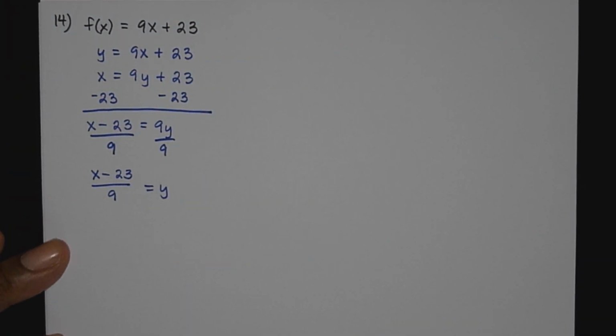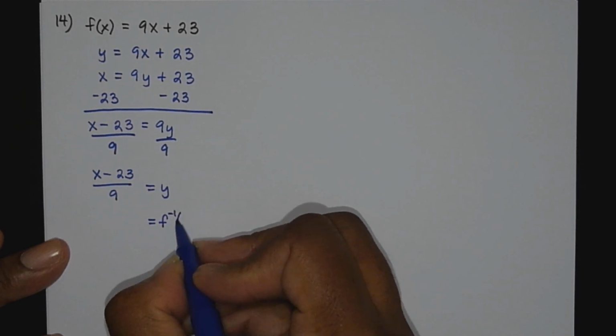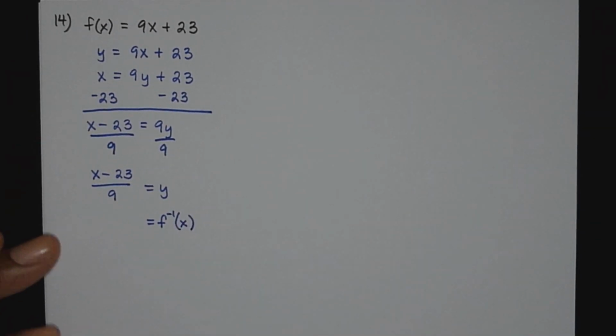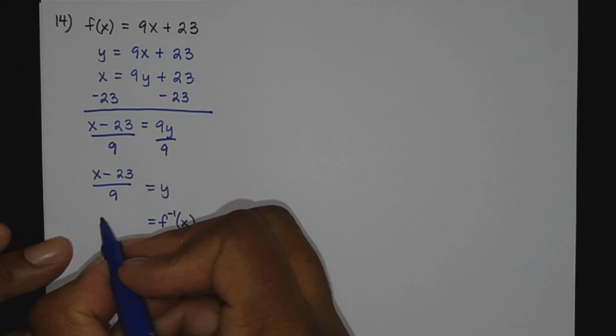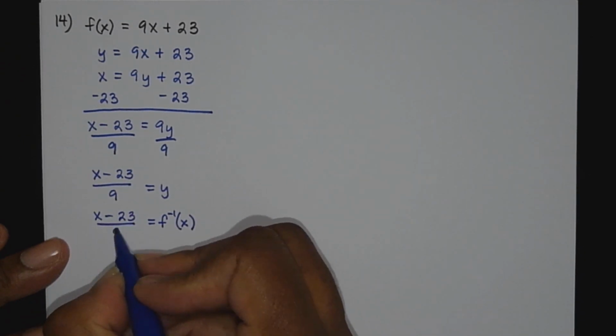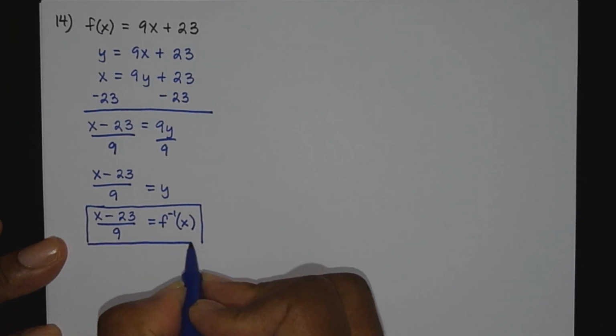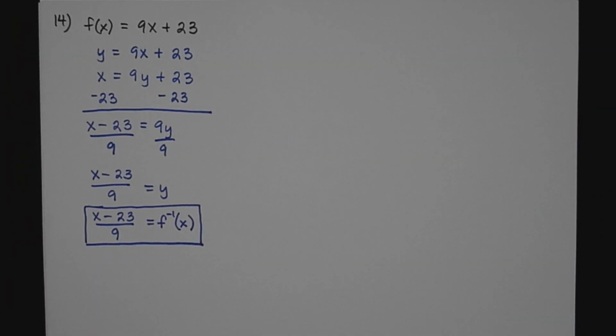But you have to put it in that F negative... How do you say that? F inverse. F inverse of x is x minus 23, all divided by 9. All right, questions on number 14.